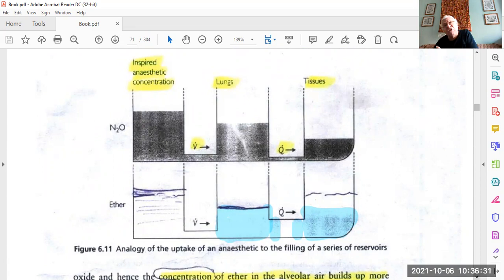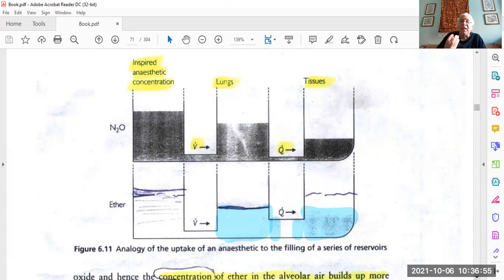Whenever it reaches the tissue, it's at a lower tension than that of nitrous oxide. Why? Because it's been taken much from the alveoli or from the lungs. That means I can develop a proper tension of nitrous oxide in the alveoli more than ether.